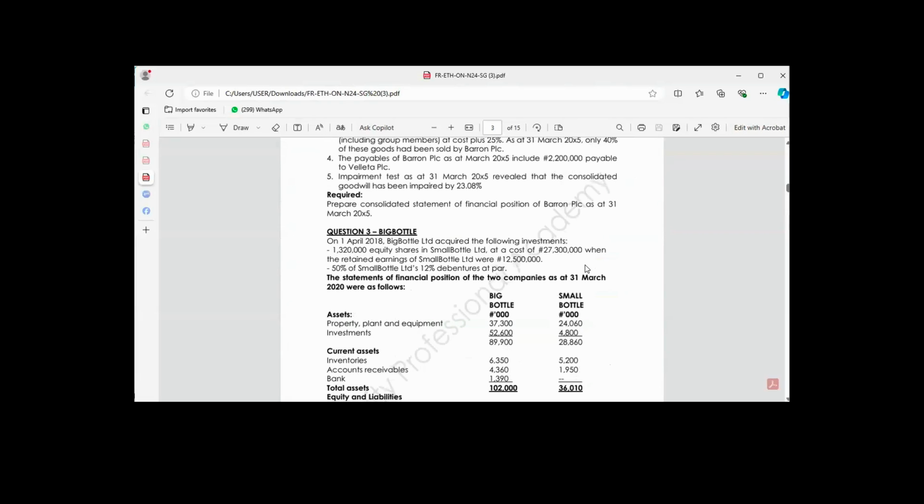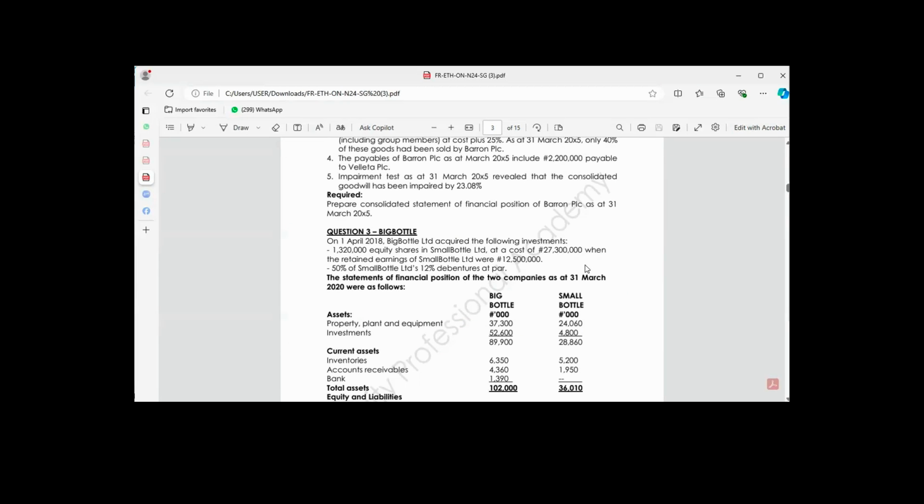Look at it, question 3, Big Bottle. On 1st of April 2018, Big Bottle Limited acquired the following investments: 1,320,000 equity shares. They will not give you percentage. It's the shares he acquired that they will give you, which is 1,320,000 equity shares in Small Bottle.